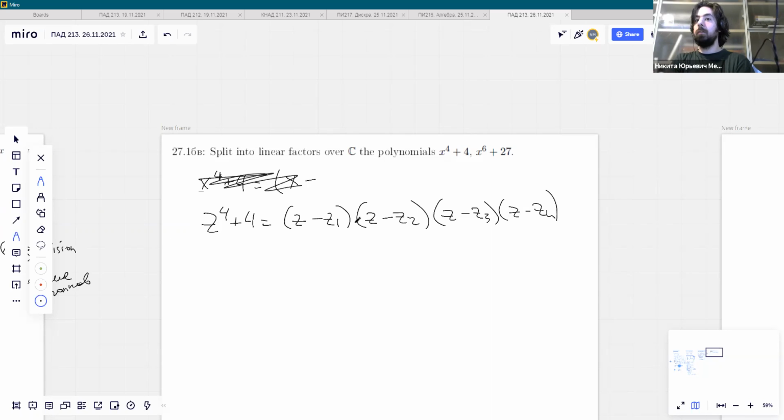So how to find those factors? Well, Bezout's theorem tells us that we need to find roots. We need to find the roots of this equation.